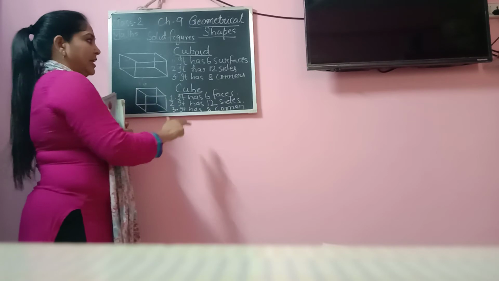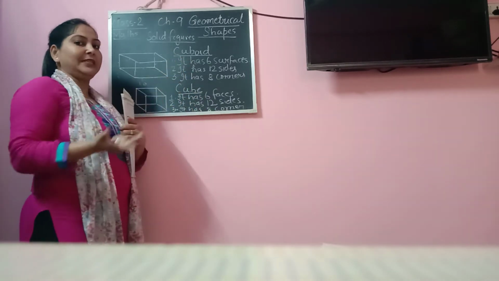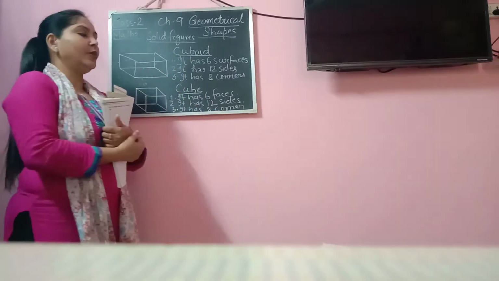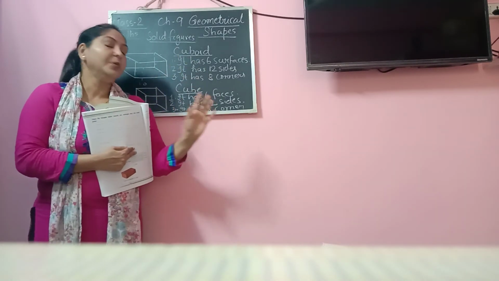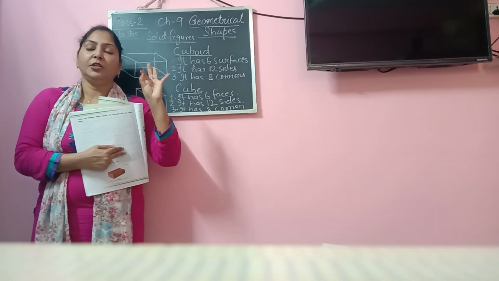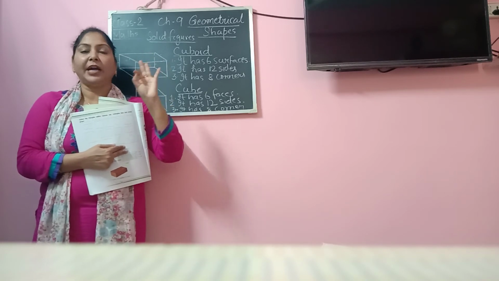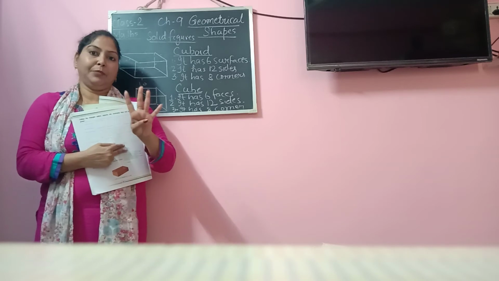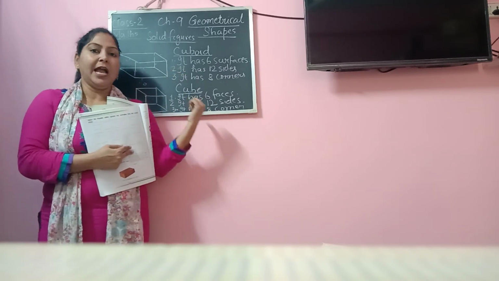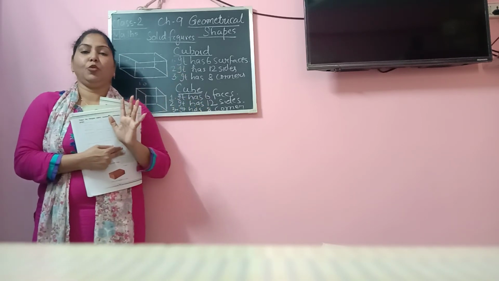Other than that, all the properties remain the same. So since you have learned about cuboid and cube, you will either draw or paste 4 examples of cuboid and cube in your maths CW copy.